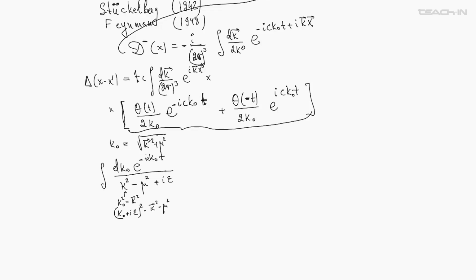I put it just like this here, plus I epsilon. So in other words, what is written down here, if you wish, is dk0 exponential minus I c k0 t divided by k0 squared minus k squared minus mu squared plus I epsilon.